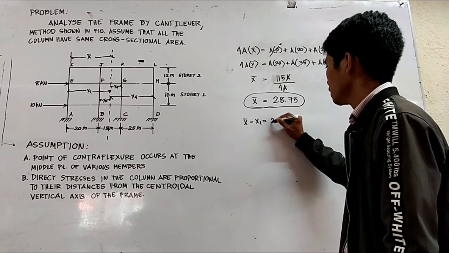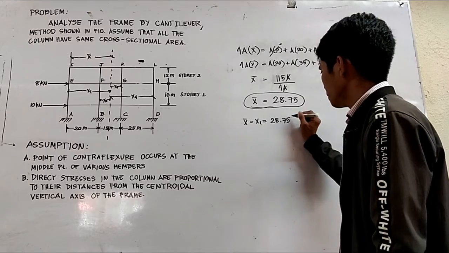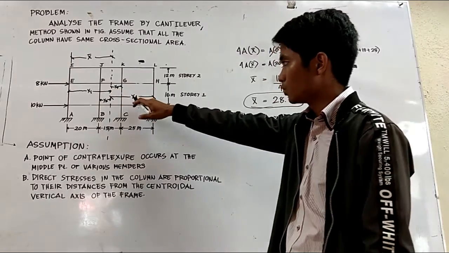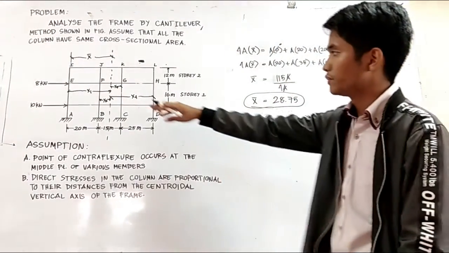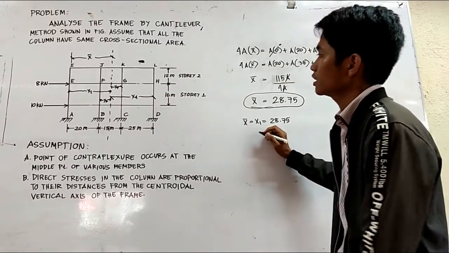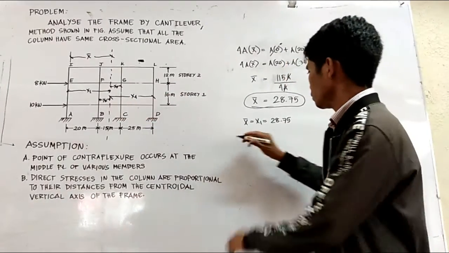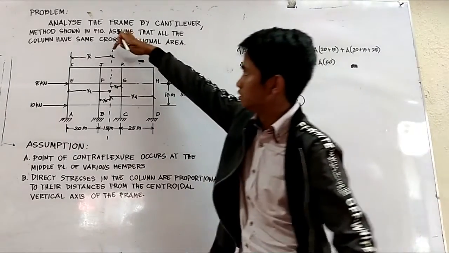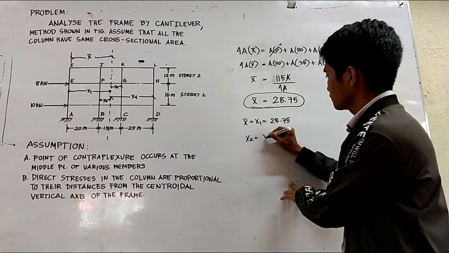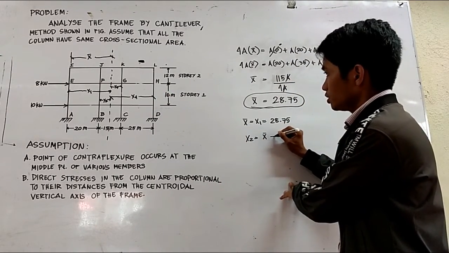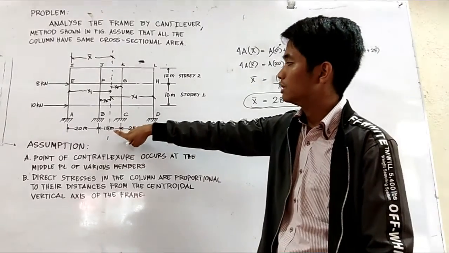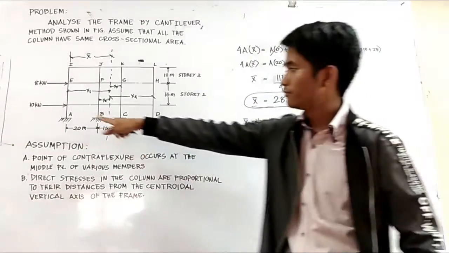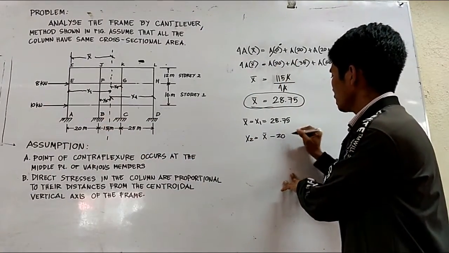As you can see, this is proportional, so X1 is equal to X bar, which is 28.75. Now we need to find the values of X2, X3, and X4 using this. First, X2 is equal to X bar minus the distance from A to B, which is 20.